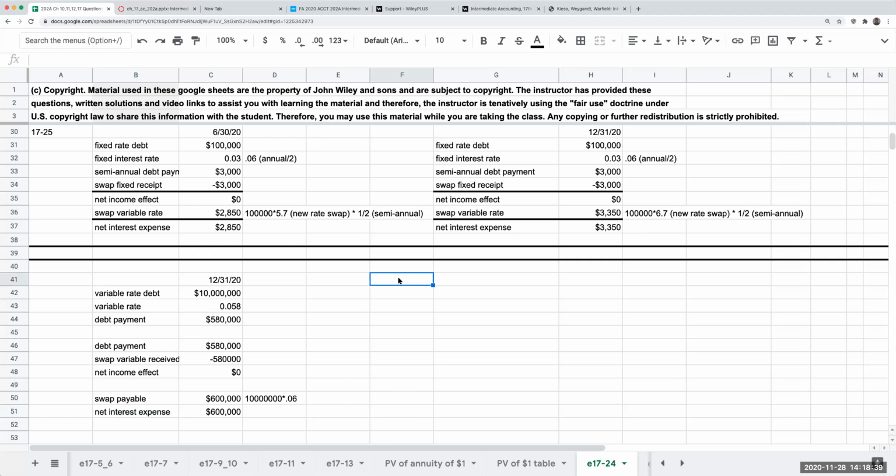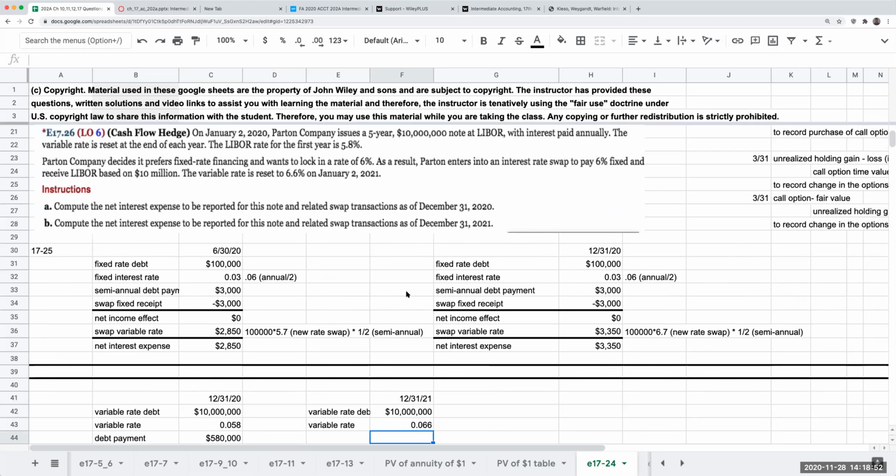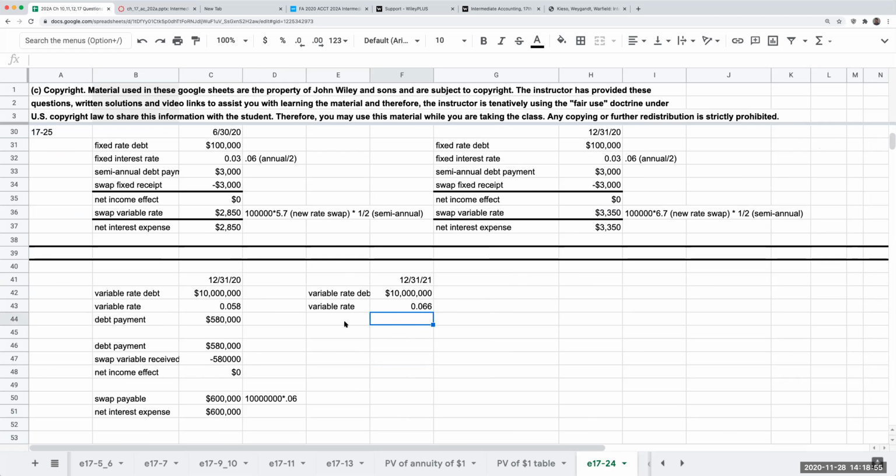So right over here, at 12/31/21, the variable rate debt is still going to be over here, but I agreed to go into a fixed rate transaction. The variable rate here is 6.6%, so the debt payment here is going to be 660. However, I'm swapping this out, and my net income effect is going to be 0.